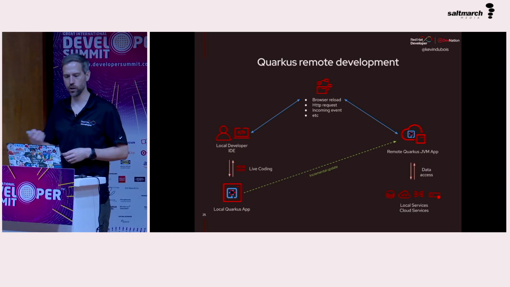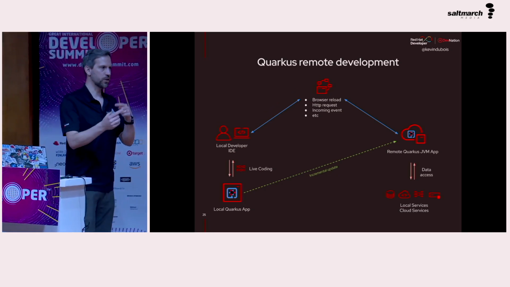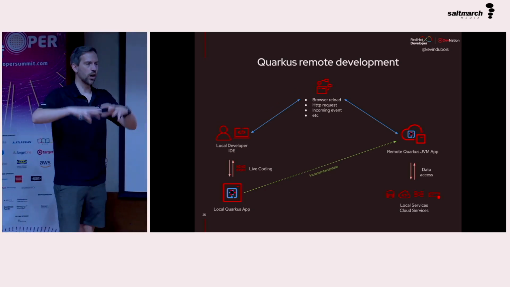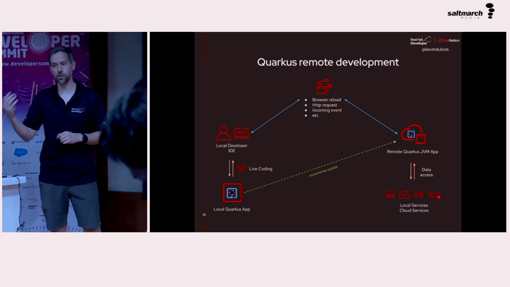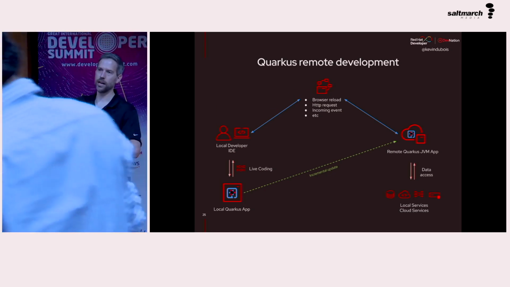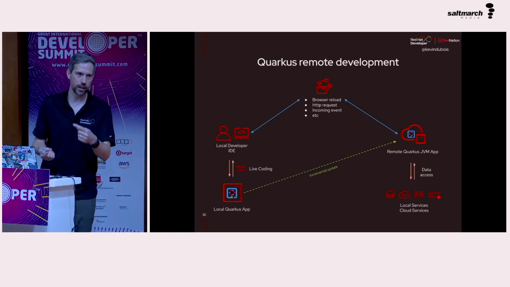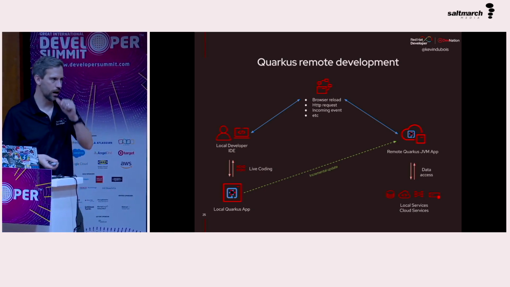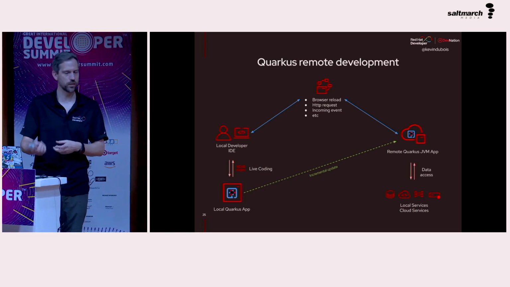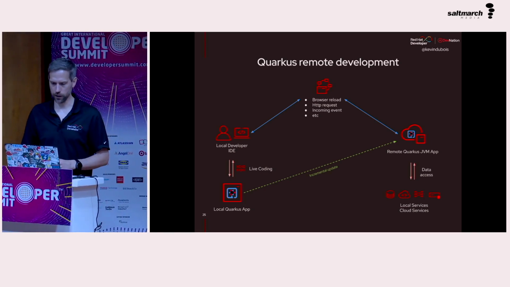So that's one solution to circumvent having to run all the services on your local machine. With Quarkus Remote Dev, you're actually running everything remotely, even the service that you're working on, but you do get the advantage of the Quarkus dev mode with live reloads and all those different components.